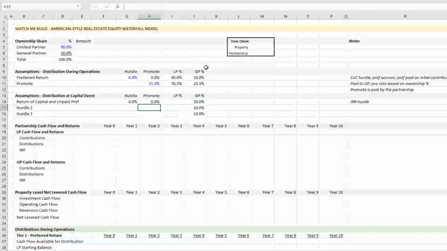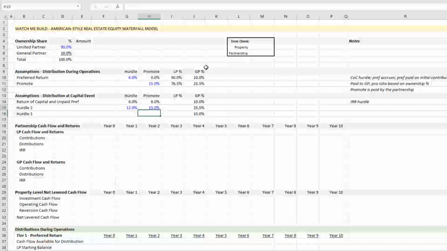However, if we say a 15% promote in this second tier, and let's assume a 12% hurdle, so from a 6 to a 12 IRR, the GP will receive a 15% promote, which results in a 23.5% distribution percentage to the GP in the second hurdle.